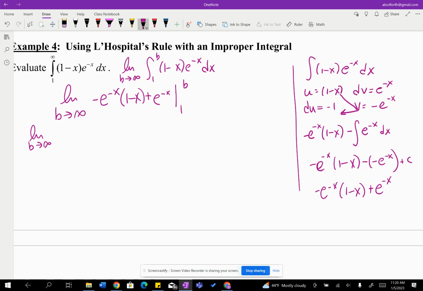I am also going to rewrite my negative exponents as positive at the same time. So I moved the e to the negative b to the bottom.